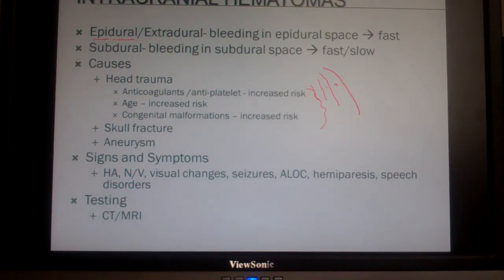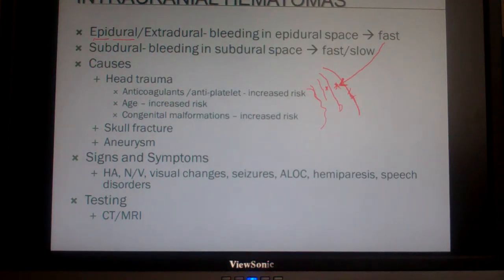The last one we saw was subdural, down here, below the dura, and this one's epidural. So you get an epidural hematoma, or extradural as they call it, outside the dura mater, and you bleed into that space. Okay, that one is pretty fast. You bleed there, it's a pretty fast bleed, usually some kind of trauma.